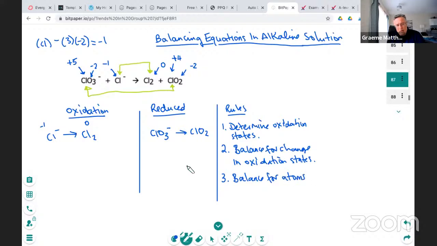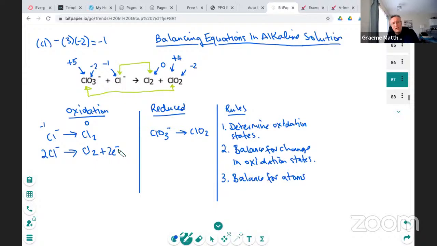If we've got Cl minus going to Cl2, I'm going to put a 2 in front of the Cl's first, so the atoms that change oxidation state are balanced. Each chlorine is going from -1 up to 0. It's losing 1 electron. There's 2 chlorines, so I'm going to write this down as being 2 electrons.